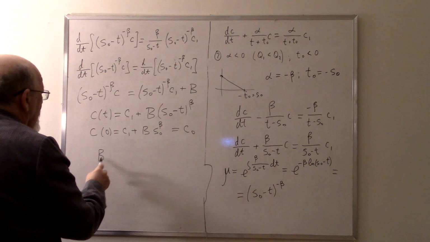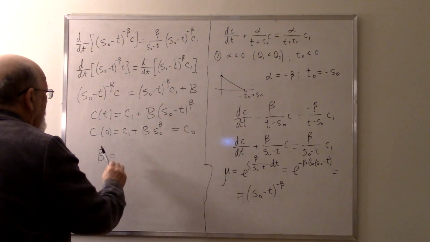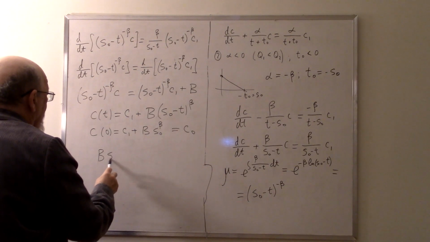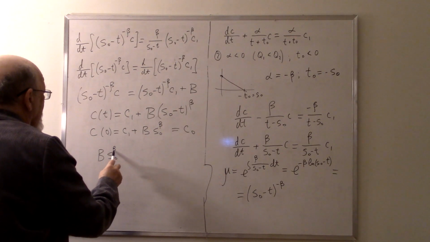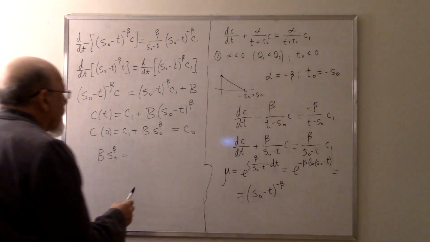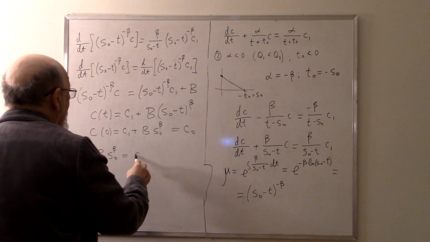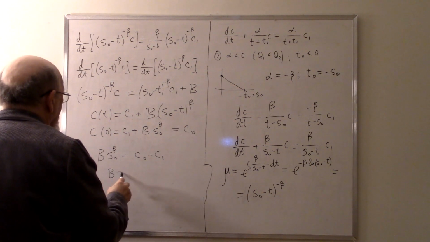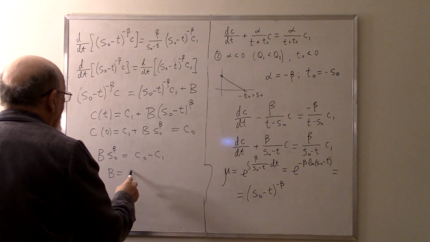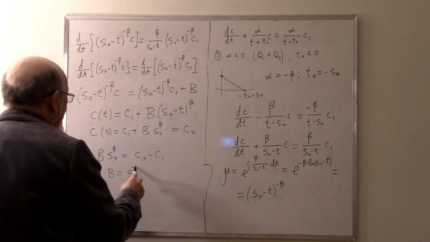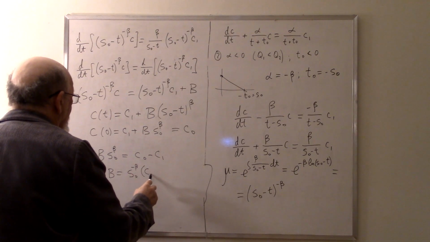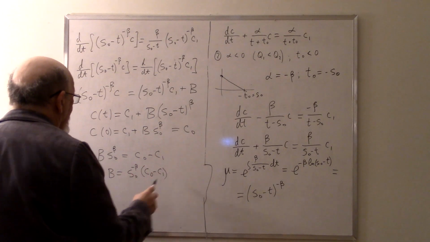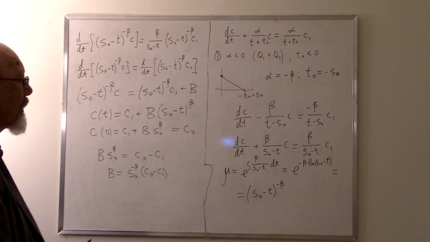So b S0 to the power beta equals c0 minus c1. So b equals S0 to the power minus beta times (c0 minus c1). It is a constant.